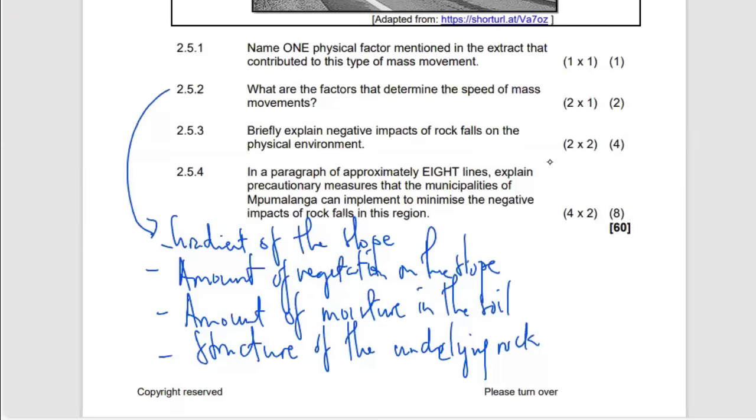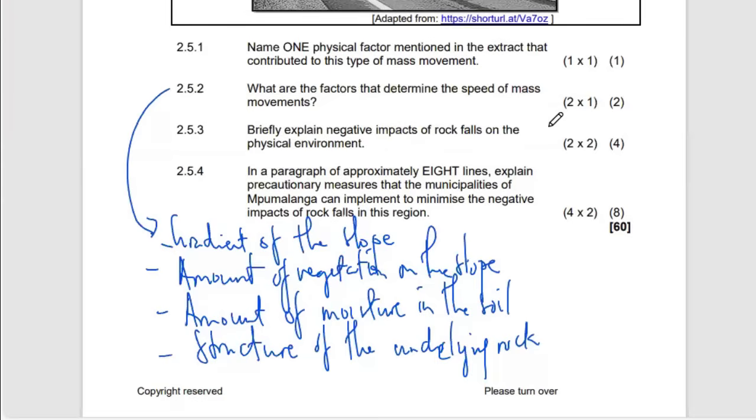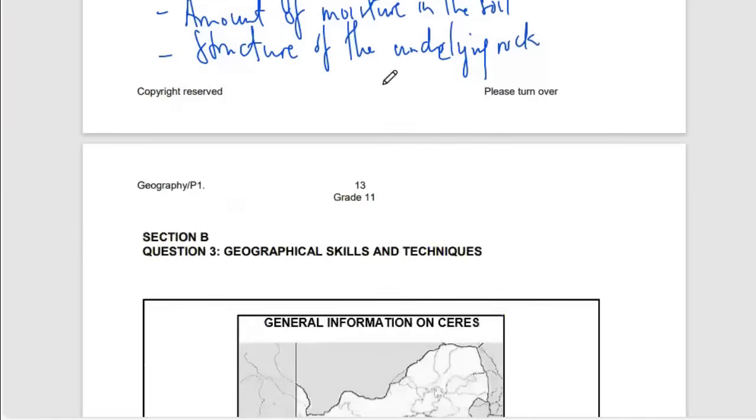Briefly explain the negative impact of rock falls on the physical environment. On the physical environment, we are looking at the natural environment.